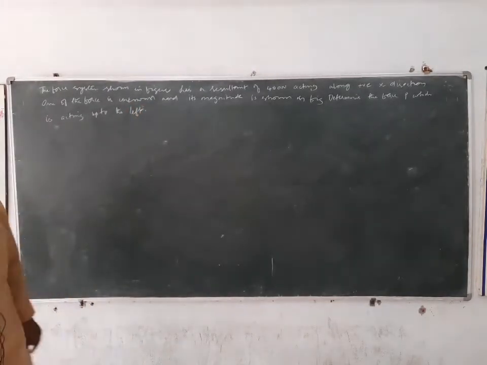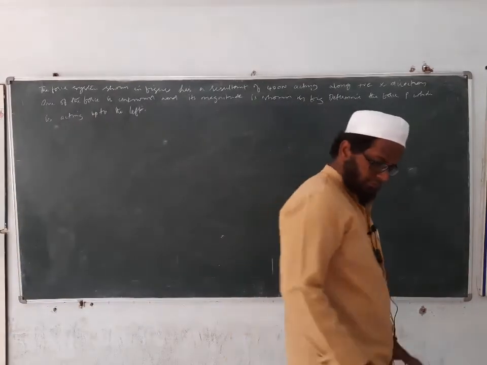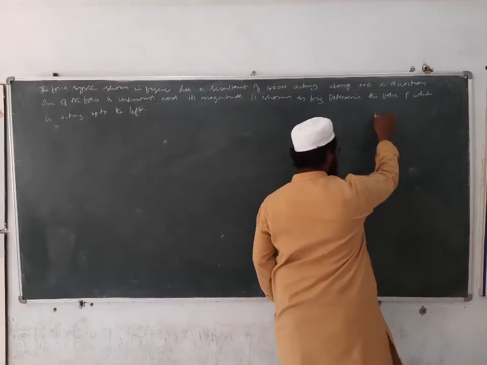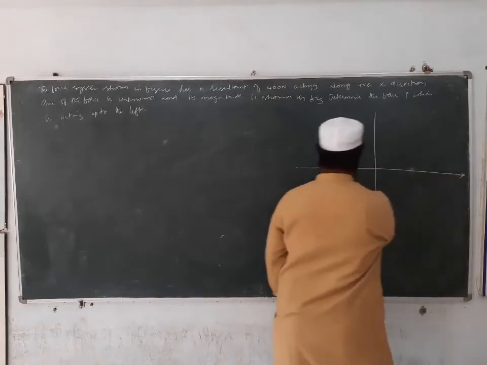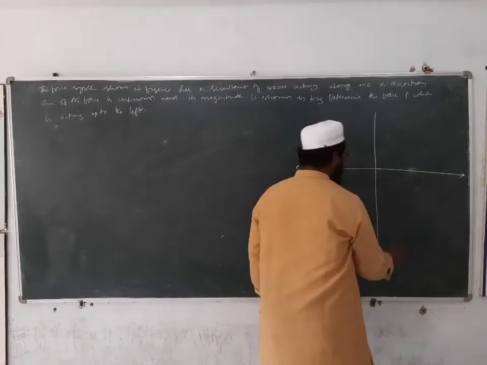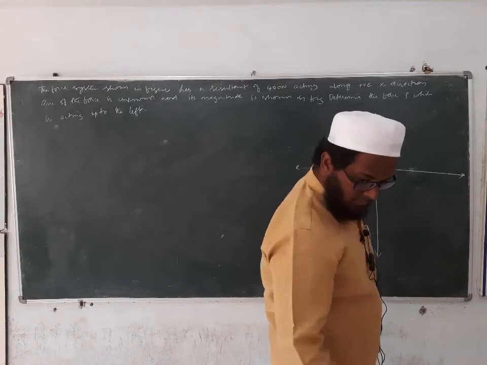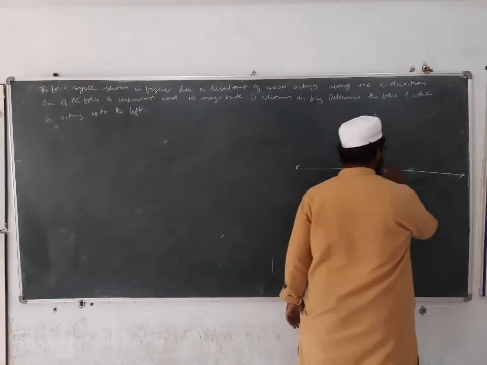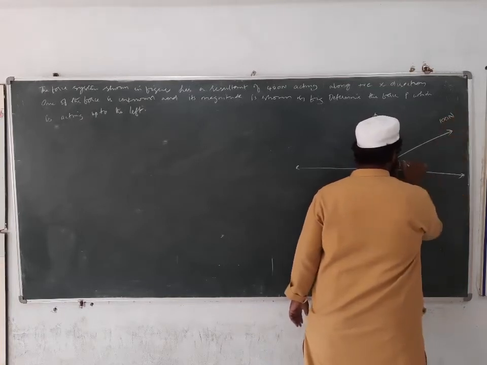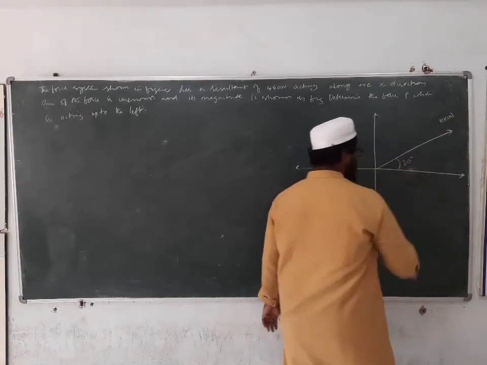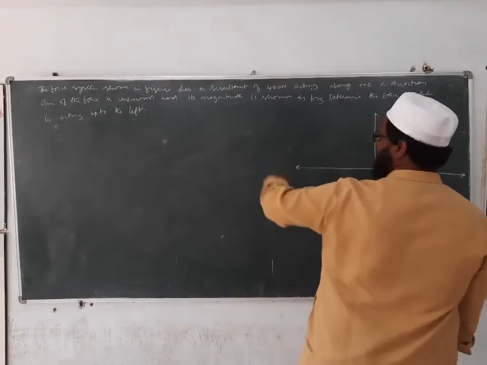Okay, so we'll draw the quadrants here. This is x and y axis. And we have one force which is acting in first quadrant, and magnitude is 100 newtons, angle is 30 degrees. Fine. Next we have one force up to the left. The force P is acting up to the left.